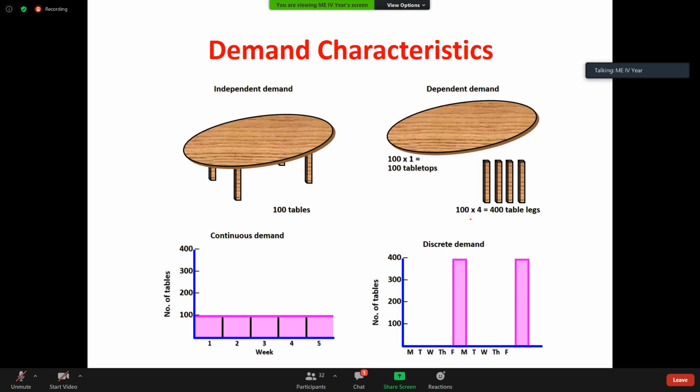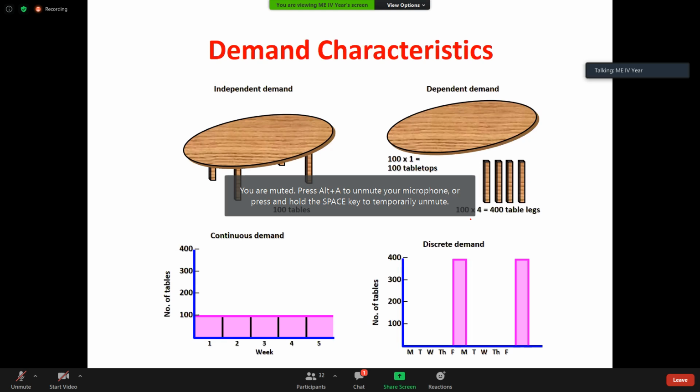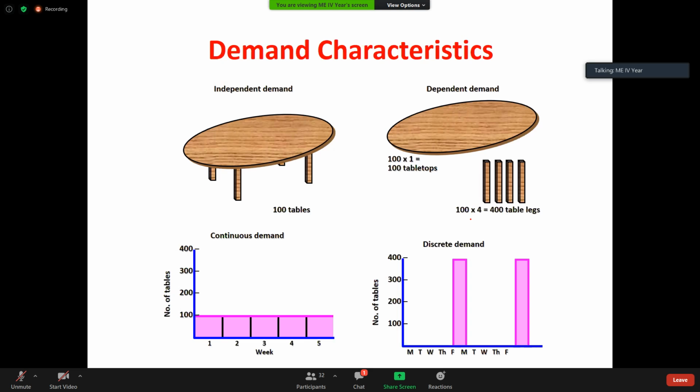I have one supplier in Hyderabad who takes around 100 tables every month. So we call our carpenters in-house and plan accordingly every month. Every week we can do 100 tables. In that case, your demand is constant without depending on anyone.